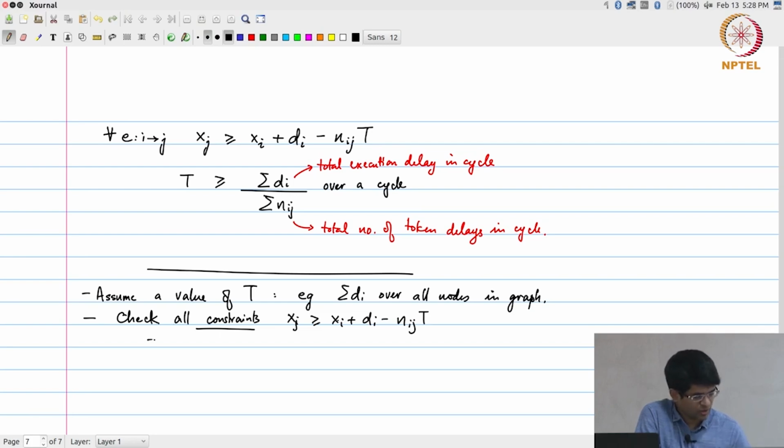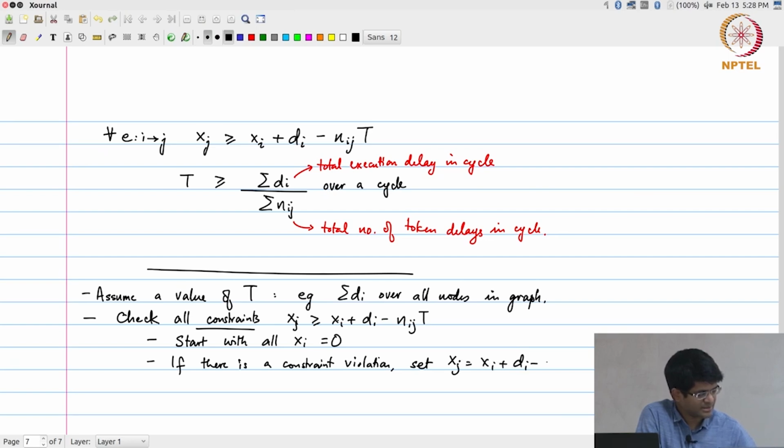So over here what I can do is start with all xi equal to 0. If there is a constraint violation, set xj equal to xi plus di minus nij into t, for whatever t that I have chosen at the moment.